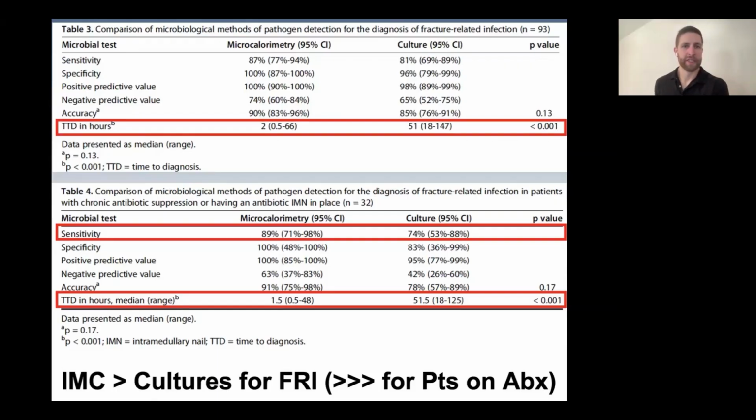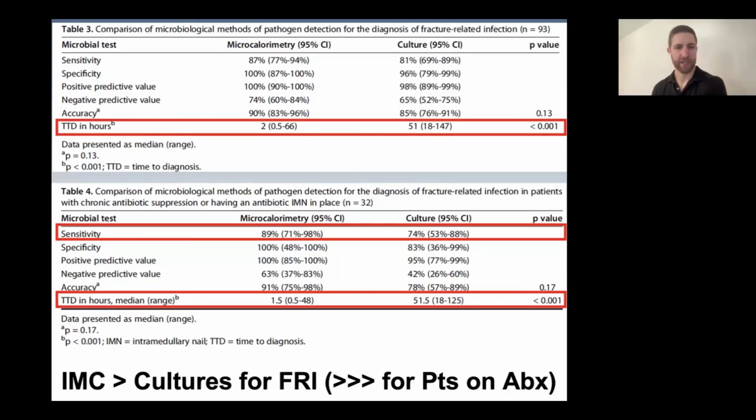We have since run an additional 30 or 40 fracture-related infection cases. We've rerun the analyses, and the metrics stay very similar, but the accuracy becomes statistically significant. So overall, we think it's a pretty dramatic improvement in time to detection, while also eventually becoming a statistically significant improvement in accuracy as well.